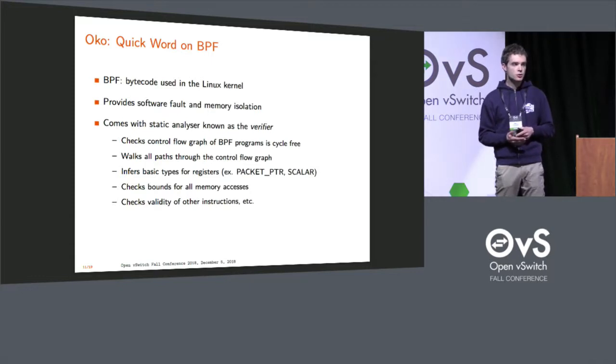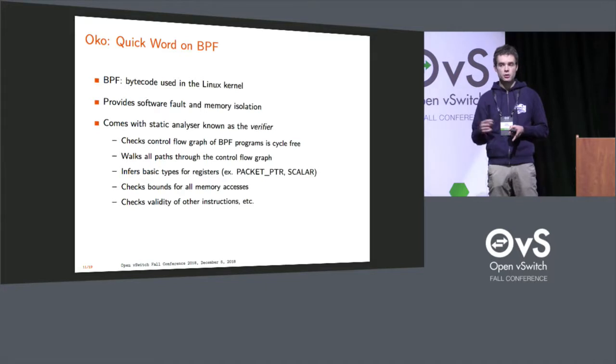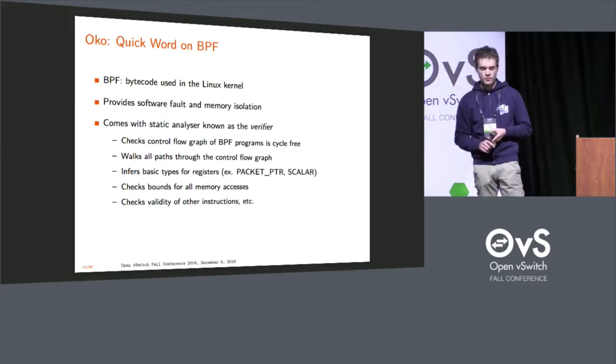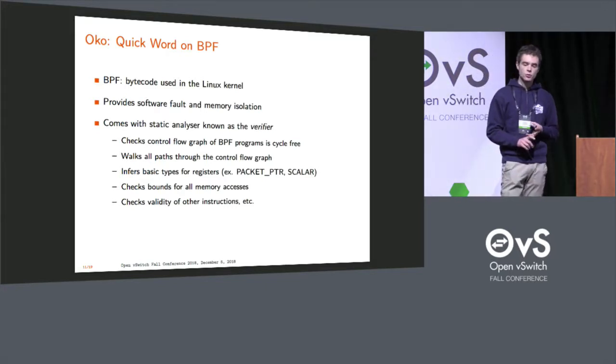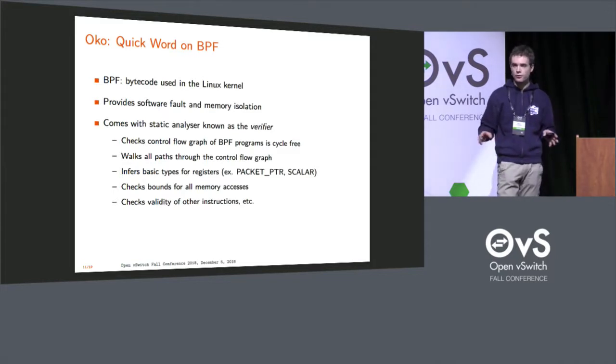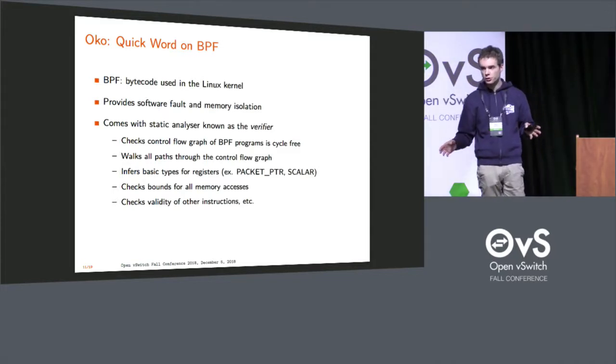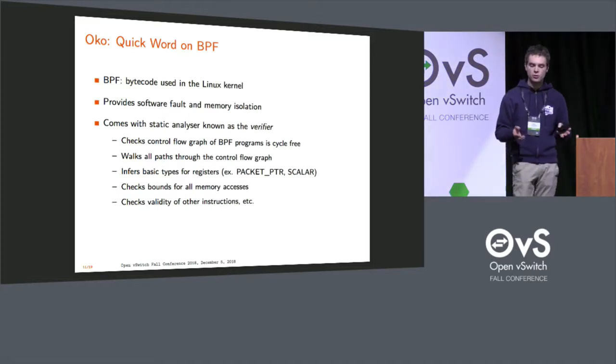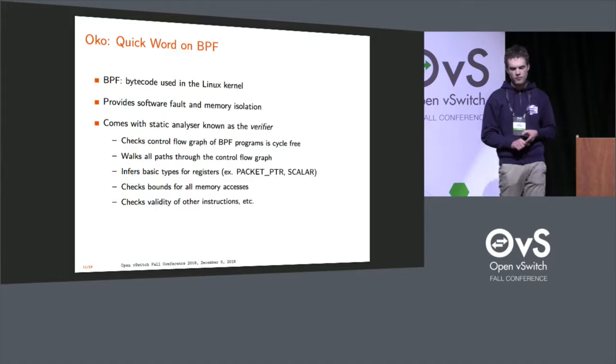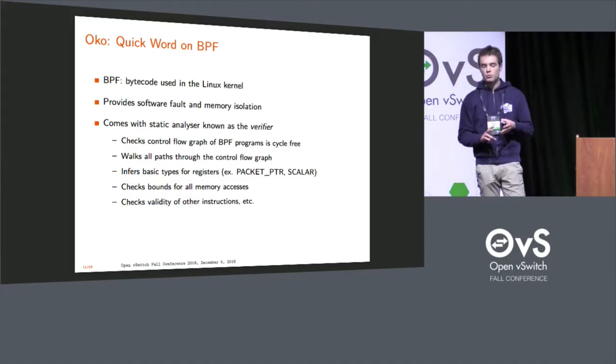It does so to prevent any infinite loops, obviously, but also to make sure that it can do the subsequent analysis. Then it's going to walk through all paths through your control flow graph. That's potentially a lot of paths, and that's why it has a few limitations as to the number of branches, for instance. And it's going to check all memory accesses in all of your different paths.